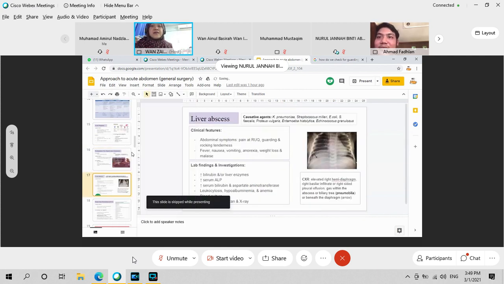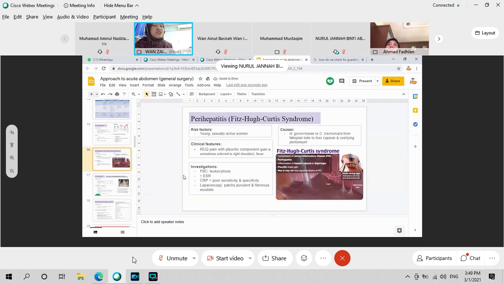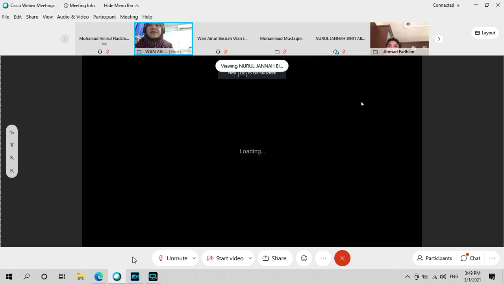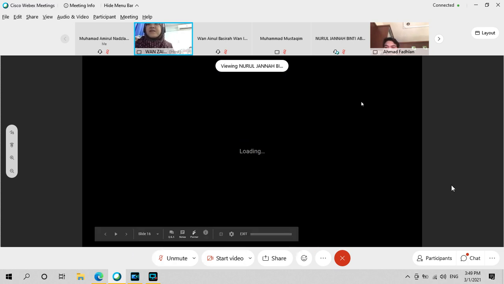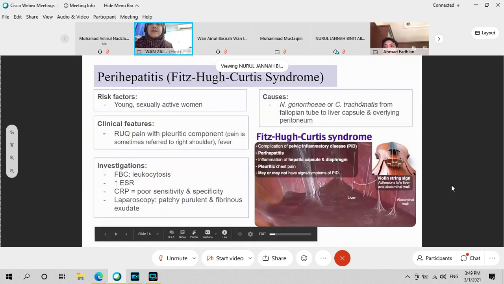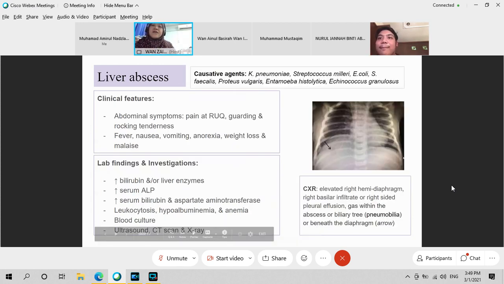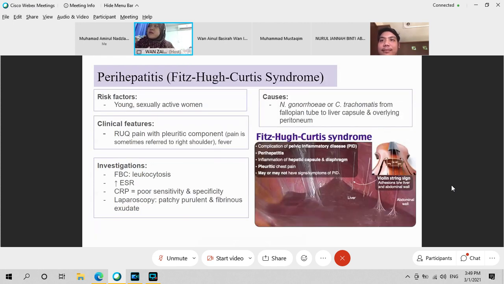Whereas in ascending cholangitis, the patient must have obstruction first, then fever. It has to obstruct first before getting infection. So the patient will have jaundice first, then fever. And in ascending cholangitis, the cause is the stone. When a stone has been there so long, the patient will have a history of recurrent right hypochondriac pain.